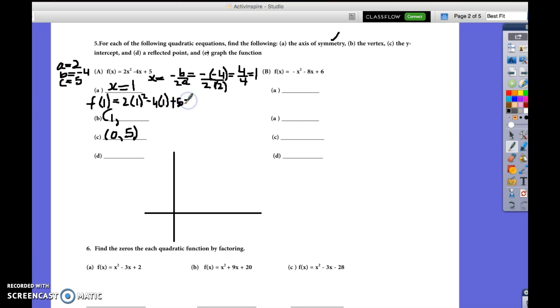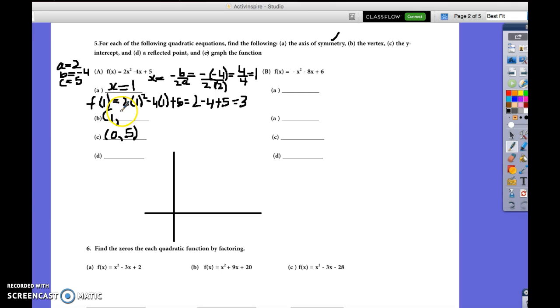So in working this out, we get 1 squared, which should be 1, times 2, so 2. And here negative 4 times positive 1 would be what? Negative 4. Finally, plus 5. So putting this all together, we get 2 minus 4 is negative 2. Negative 2 plus 5 gives me what? Positive 3.